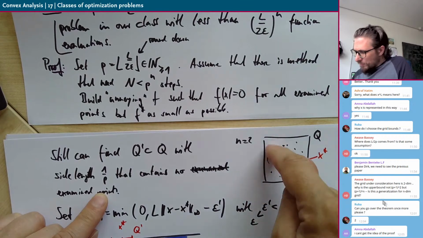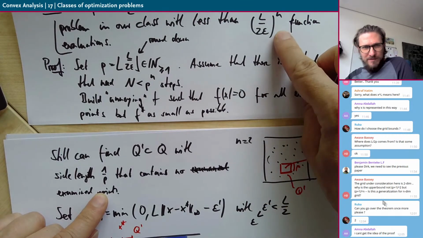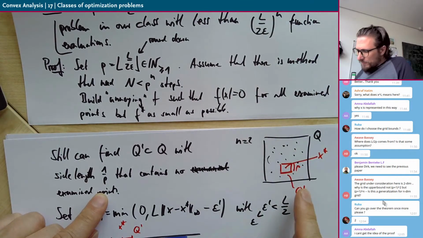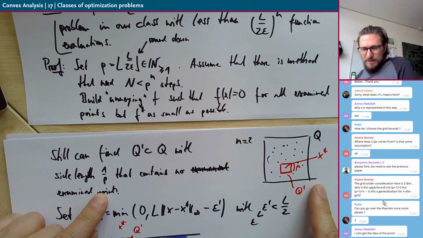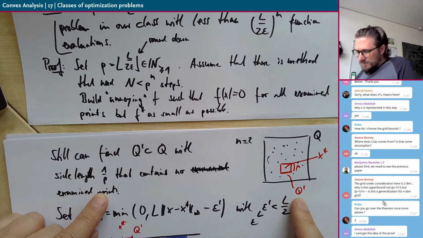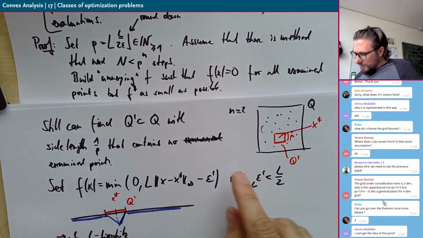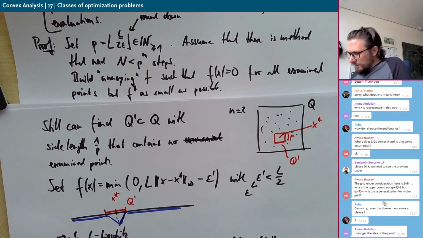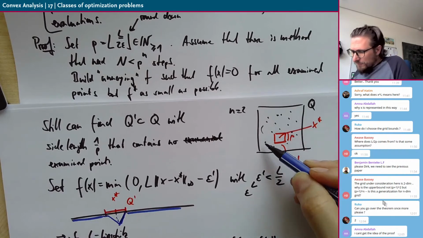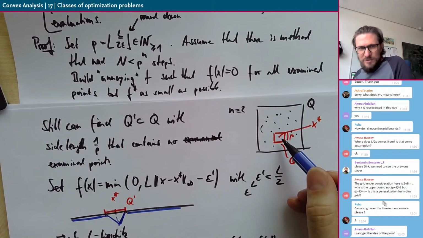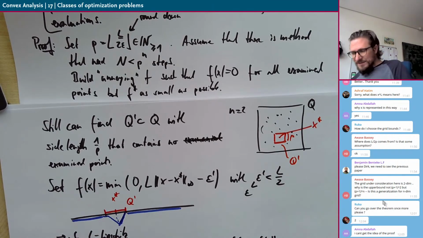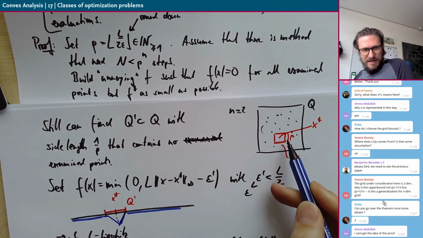So no matter how you pack this number of points in a cube of side length 1 in n dimensions, there's still one of these cubes prime inside the larger cube. And once you have that, you can cook up your function such that it's 0 basically everywhere outside of the red cube, and then in the red cube it goes down as much as it can in the limited space it still has.